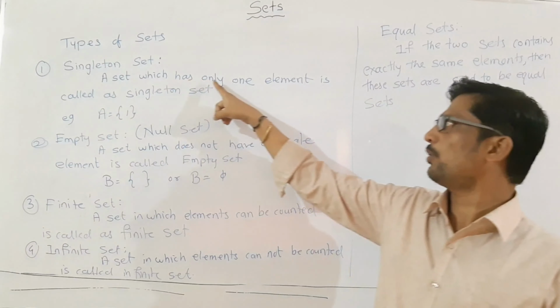Or I can write it as A is equal to phi. Why is this so? Because there is no natural number which is less than 0. So since A does not contain any elements, therefore set A is an empty set. You getting? So this was about my first question.